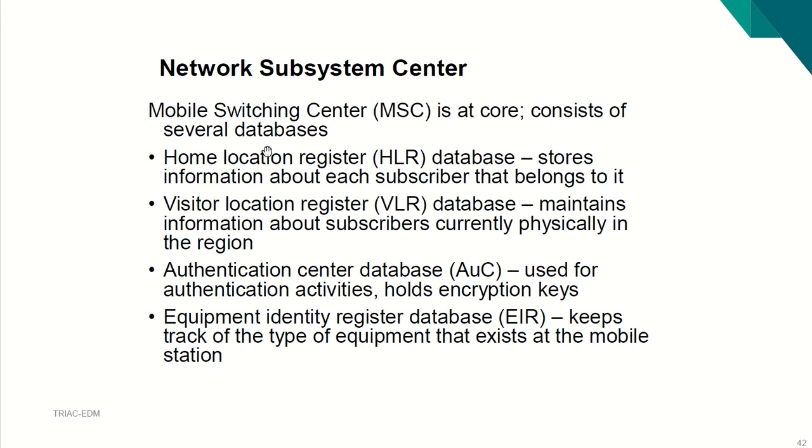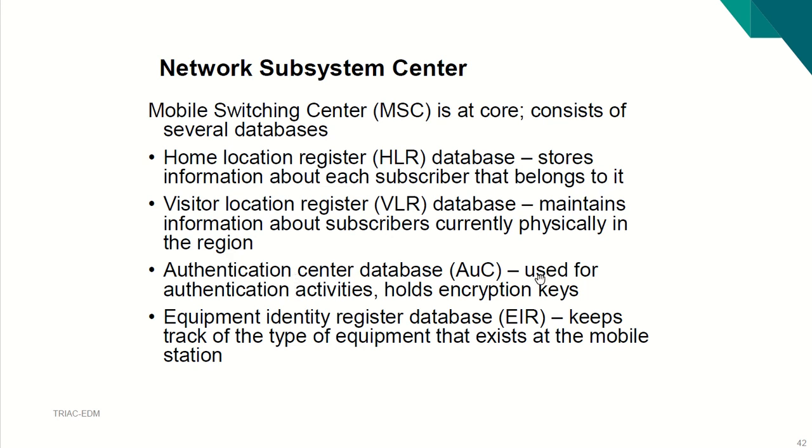So as we look at the overview, you have a register to store information about subscribers, and a register that maintains information about subscribers who do not belong to that register. They are visitors, physically in the region.